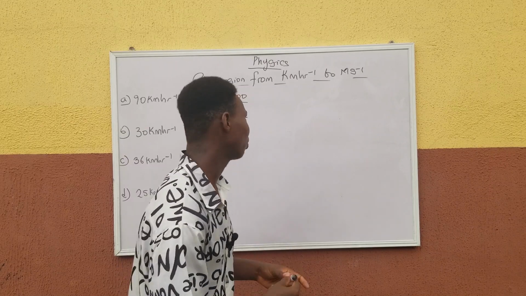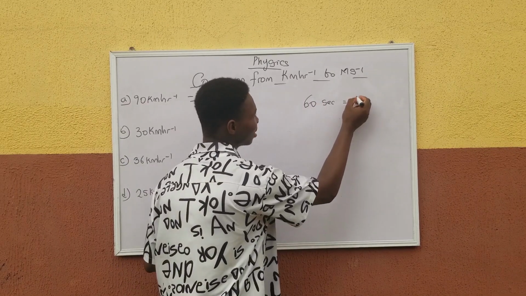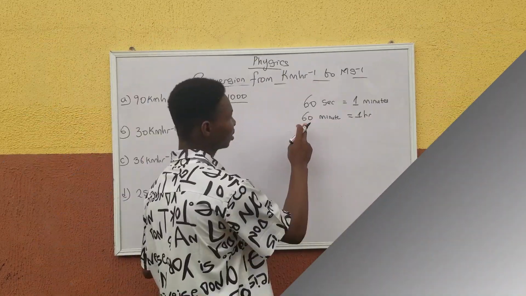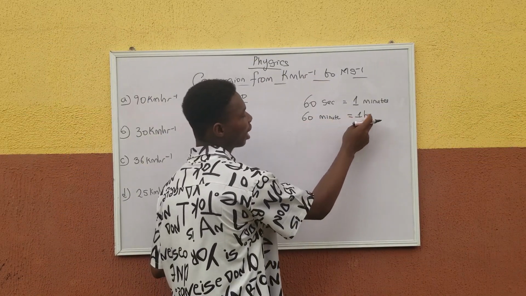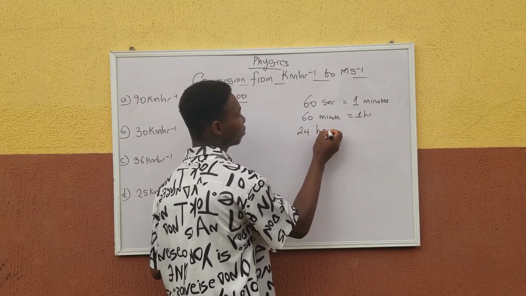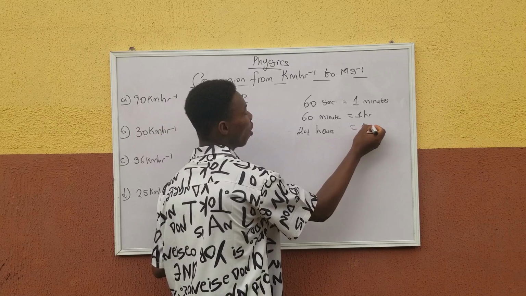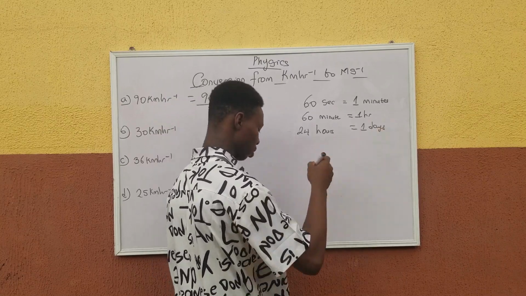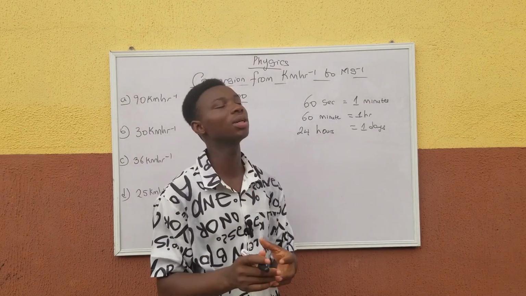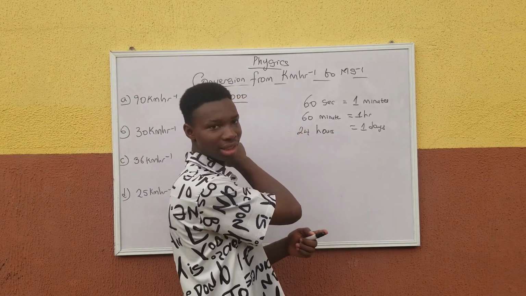So from there we start with this. 60 seconds make a minute, 60 minutes make 1 hour, 24 hours make 1 day, and so on. But for this part, we are not going to be dealing mostly with this. I'm only going to make use of what will be needed in this conversion.